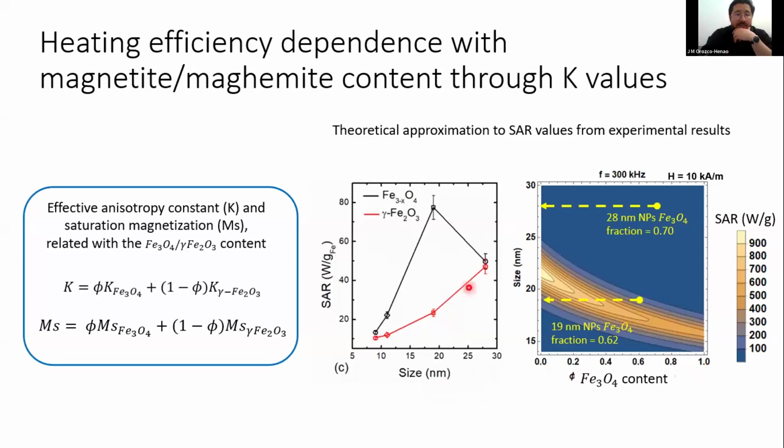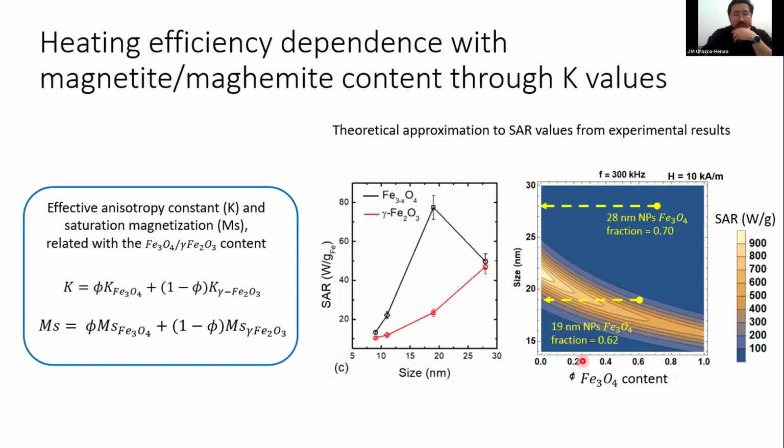The left graph shows the experimental SAR results, specific absorption rate values obtained by calorimetric measurements of liquid dispersions of the presented samples. The results correspond to as-prepared samples in black and fully oxidized samples in red.